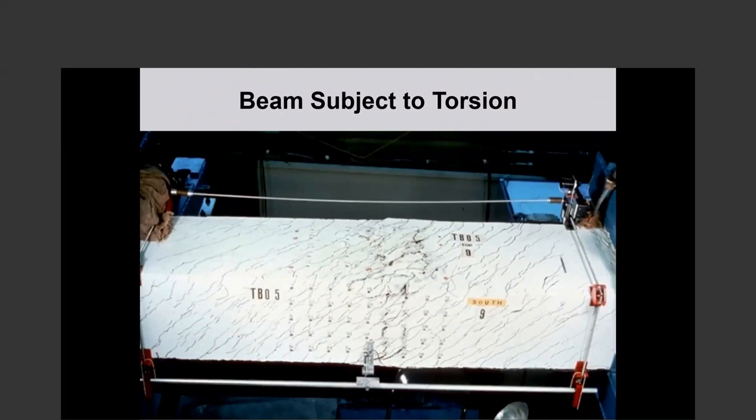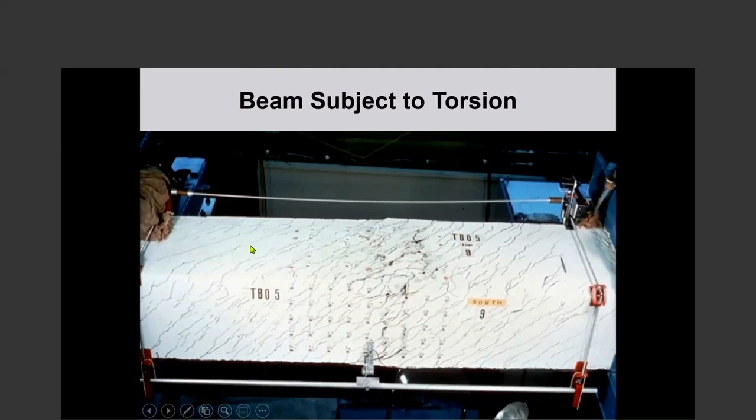This is a beam being tested under torsion, and what you should be able to clearly see is that torsion causes spiral cracking.